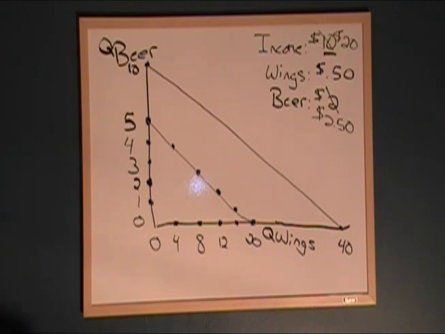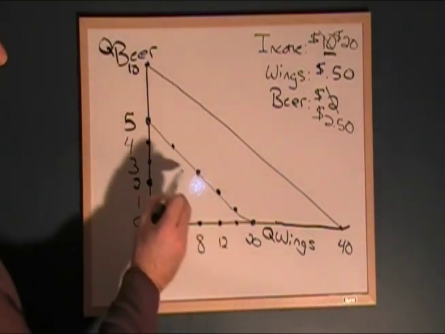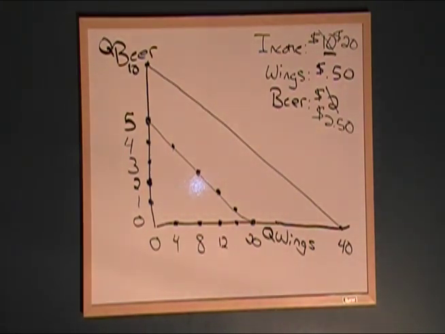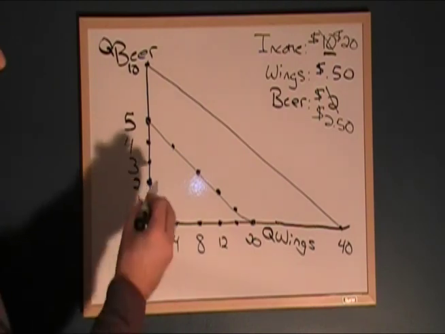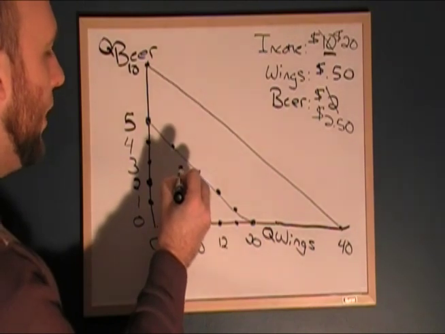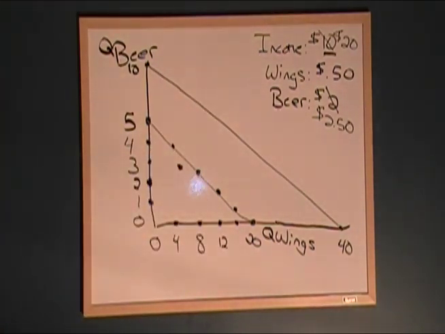What's going to change, however, is our points in between. We'll show it, for example, if we say that we only purchase 3 beers, that'll cost $7.50. We'll have $2.50 left over with which to buy wings. So we can have 3 and 5 as a possible combination. If we only buy 2 beers, we'll have spent $5. So we'll have $5 left to spend on wings.